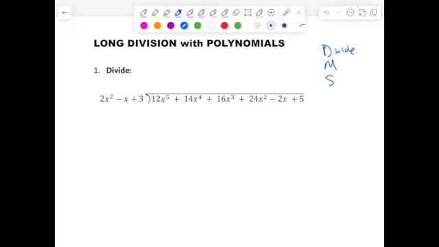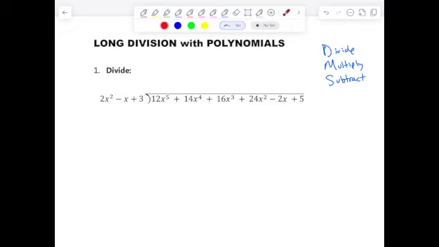Divide, multiply, subtract. That's the little process here. You just repeat as many times as necessary, and if you're not sure what I mean by that, let's just jump into it and do it right here.